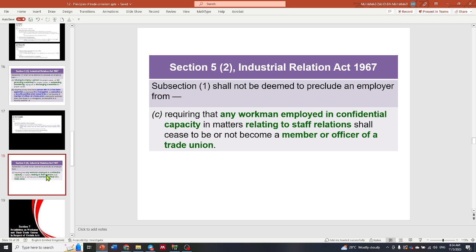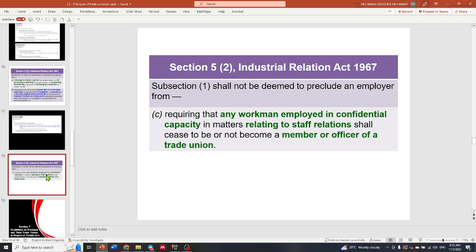So, dalam kes-kes pekerja yang memegang kerahsiaan ini tidak boleh dihalang juga untuk join trade union. Kenapa? Sebab things has happened before this in industrial relationship, whereby kadang-kadang bila kita duk simpan rahsia ni, kita ingat bila you dah simpan rahsia, tak boleh join trade union ni sebab you tend to disclose the information to other people.